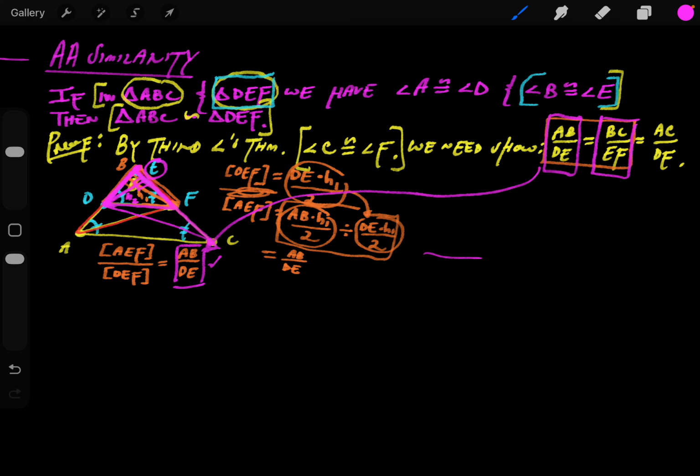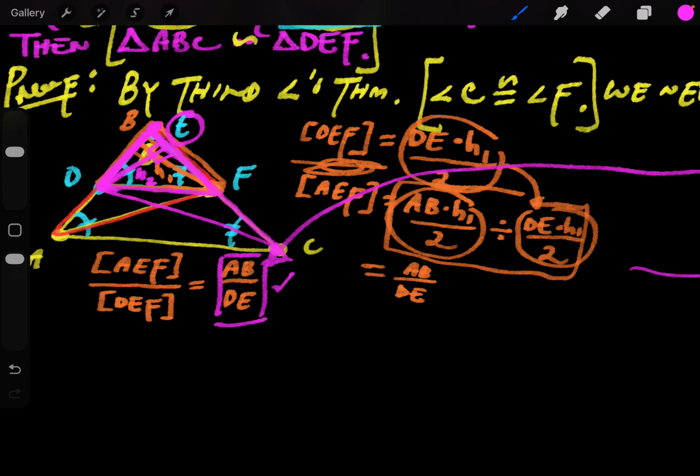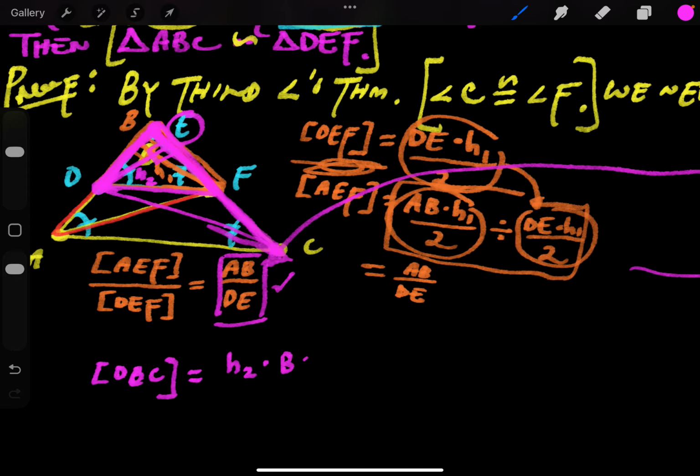Again, looking at this other triangle, DBC, let's look at the area of DBC. It's this H2, the height, times the base. But the base of DBC is BC, so then it's over 2.